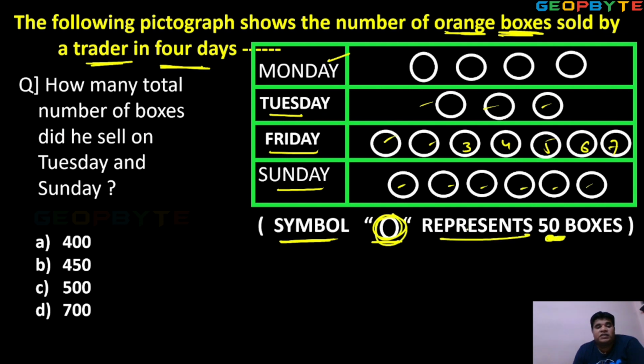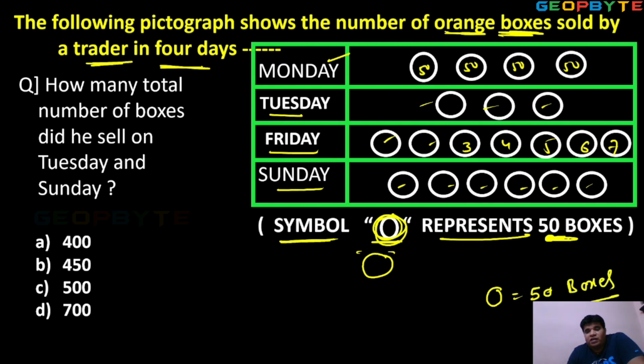Each one is 50 boxes. One circle is equal to 50 boxes. Remember, children, remember: one circle is equal to 50 boxes.